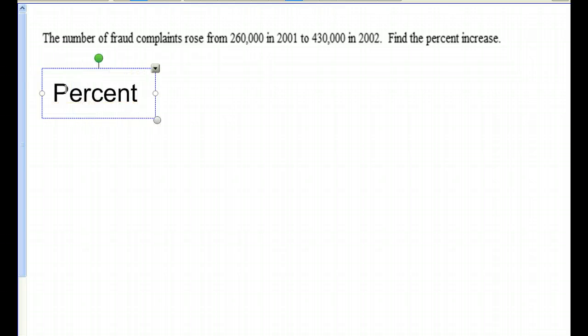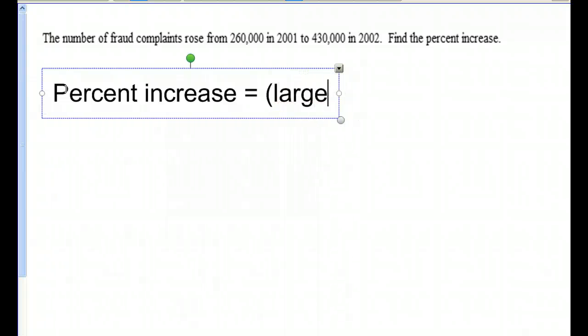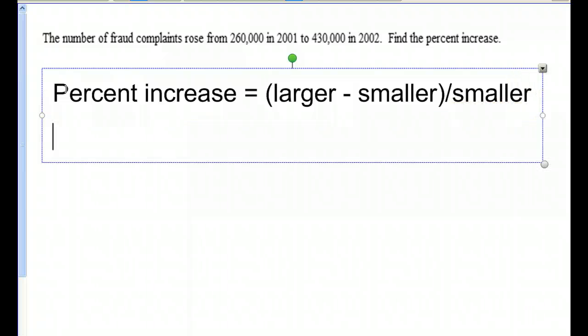Alright, percent increase. There's a formula for percent increase and percent decrease, but I'm going to give you both. Percent increase is equal to the larger amount minus the smaller amount divided by, if you increase, that means you're originally smaller, so we'll always divide by the original amount, so in this case that'll be the smaller amount.